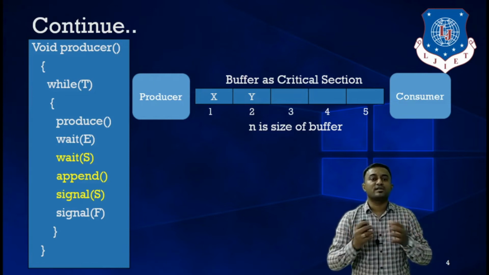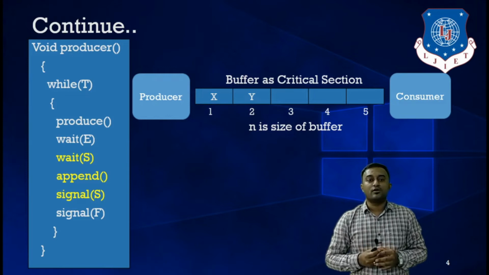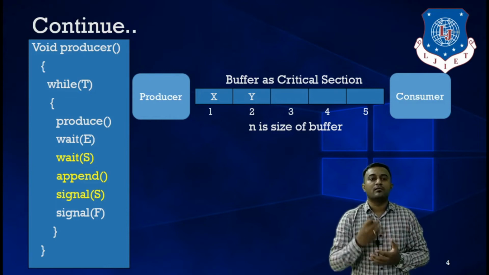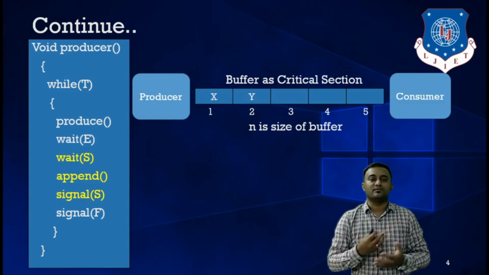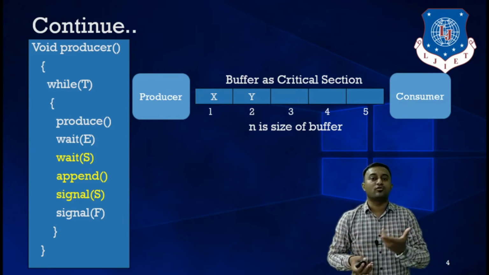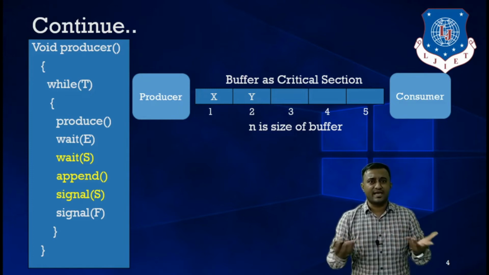As far as the producer is concerned, you can see this is the set of lines, or code, in the producer logic. What is the task of the producer? The producer will produce something, just like insertion. The insertion operation will be performed by the producer in a data structure, in this case an array. The buffer would be considered as an array as well.